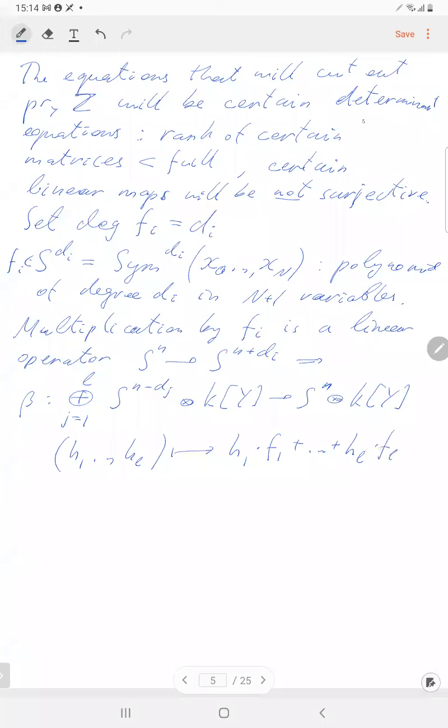Okay, and the degrees here match. I take degree n minus dj, then I multiply a polynomial of this degree by fj that has degree dj, and so you end up in the symmetric algebra, polynomials of degree n.